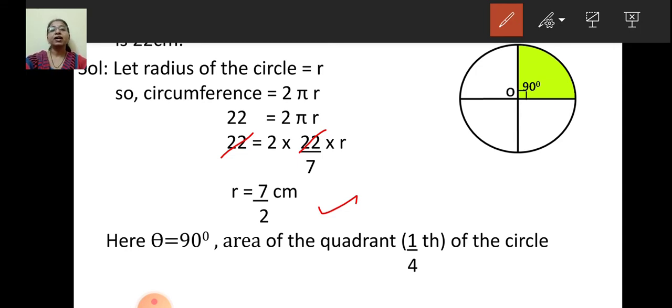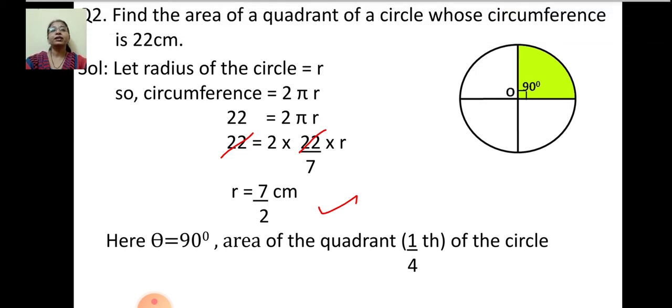Now theta is 90 degree and r is 7 upon 2. We have to find the area of the quadrant, right? Quadrant means 1/4 of a circle. So you can do this in two different ways. Either you can apply the formula theta divided by 360 into pi r square to calculate the area of this sector.